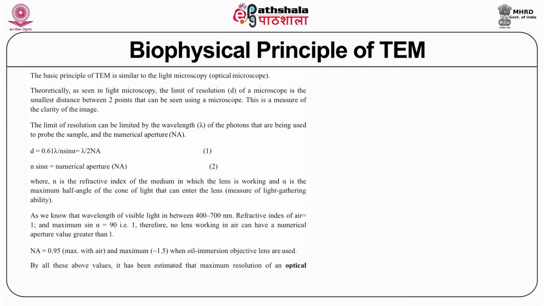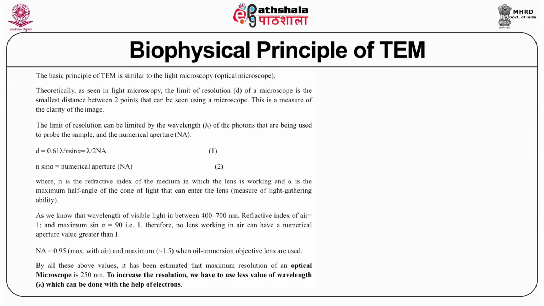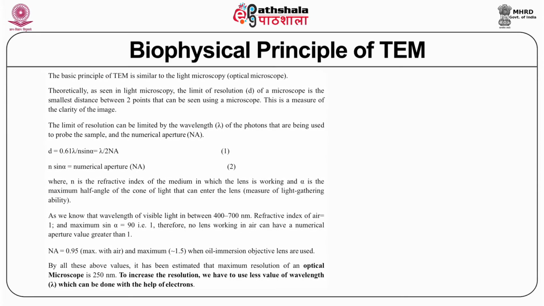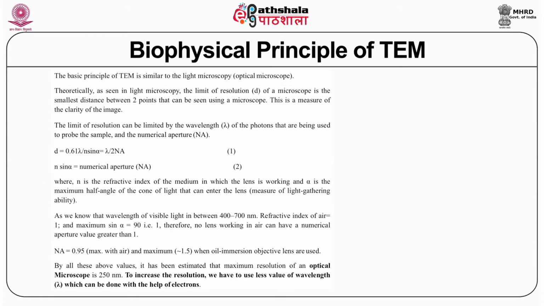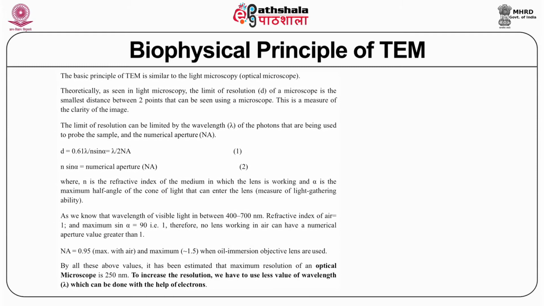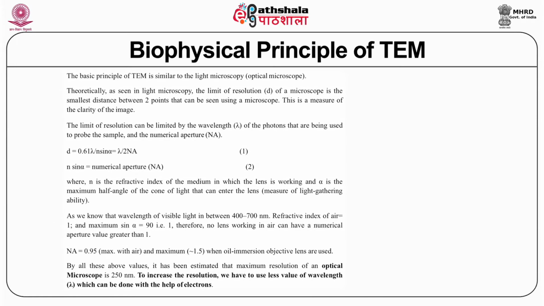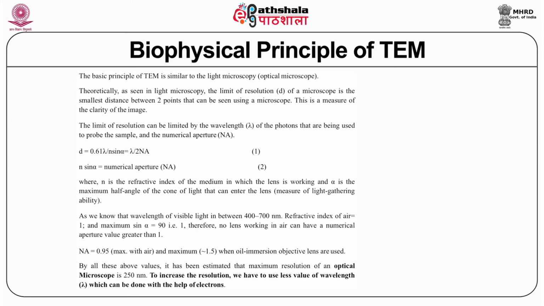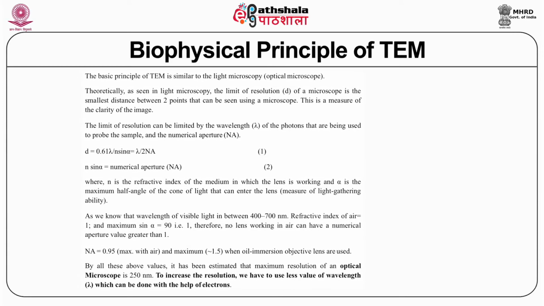So the resolution d equals 0.61 λ divided by NA, where NA is n sin alpha, and n is the refractive index of the medium in which the lens is working. For example, if it is air, the refractive index is 1, and alpha is the maximum half angle of the cone of light that can enter the lens, which measures the light gathering ability.